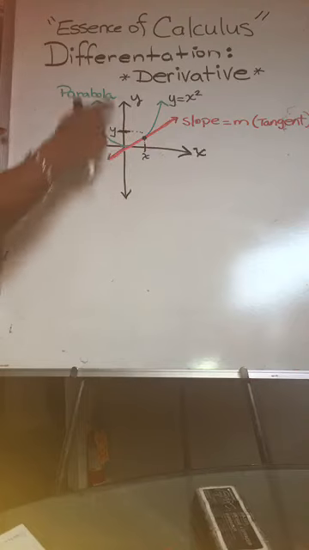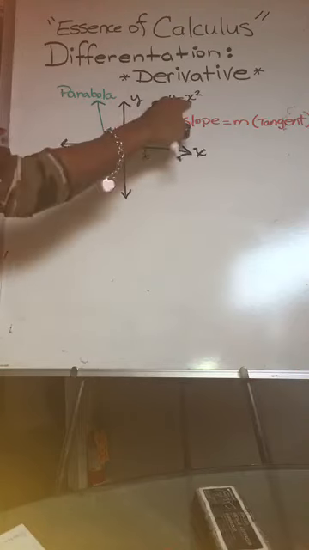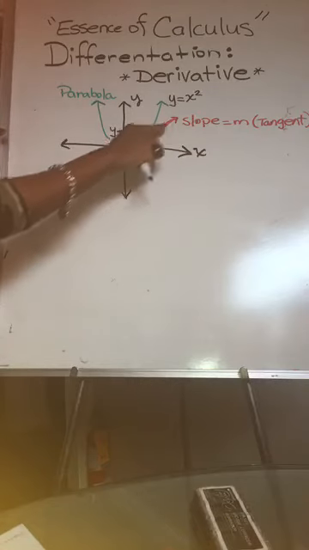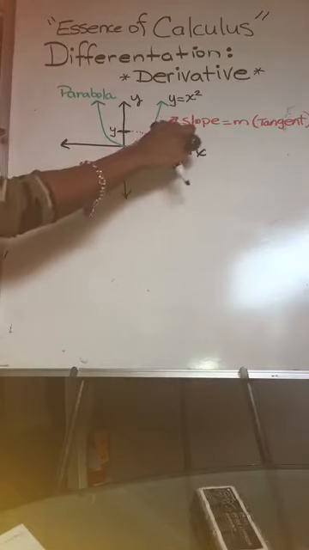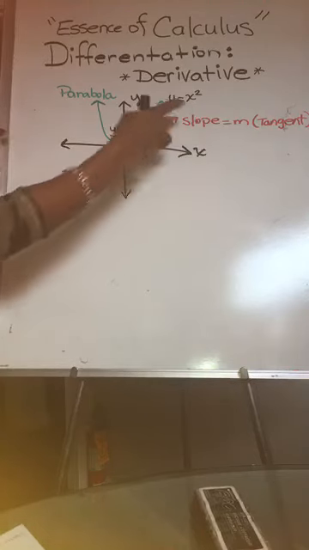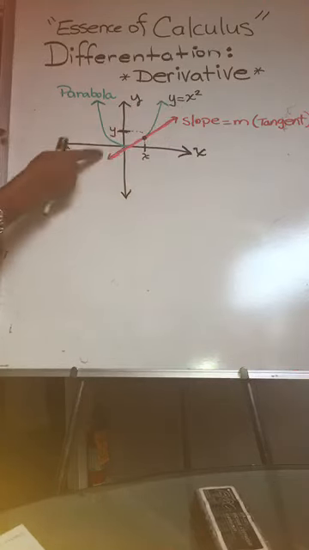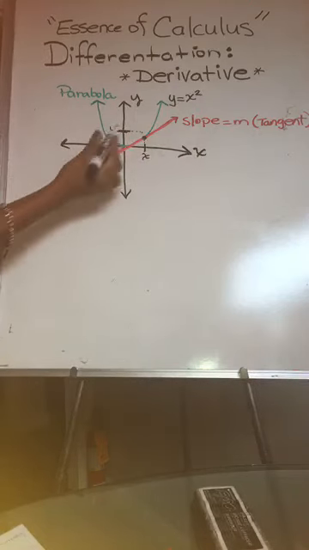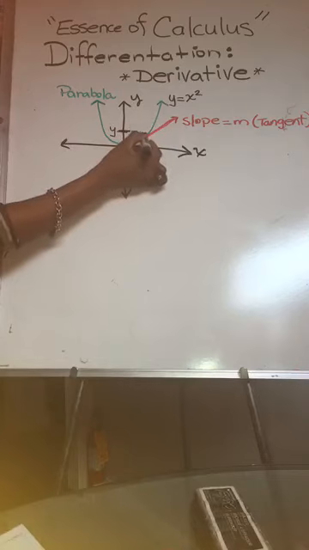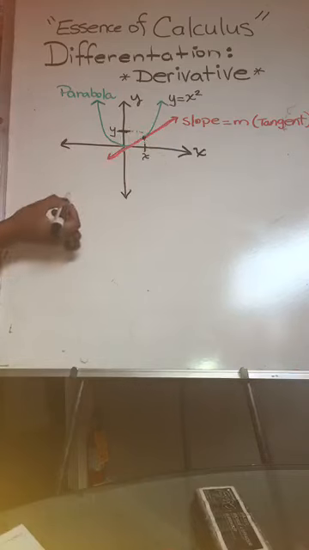So y is vertical and x is horizontal. Okay? And when you have a diagonal on a line, this is called your slope. Slope is equal to m, and this line is tangent to the parabola, meaning that the parabola is hitting it at this point, okay?